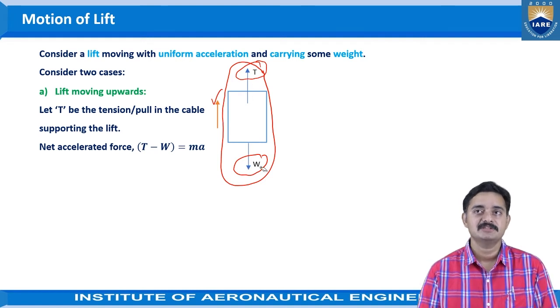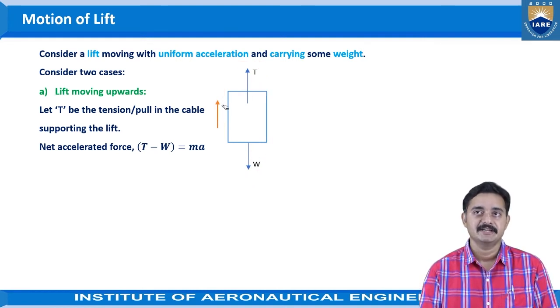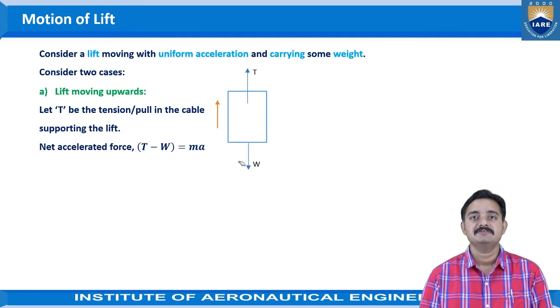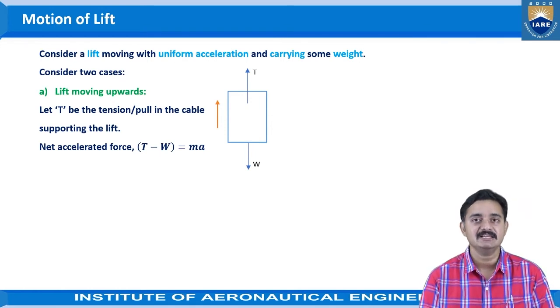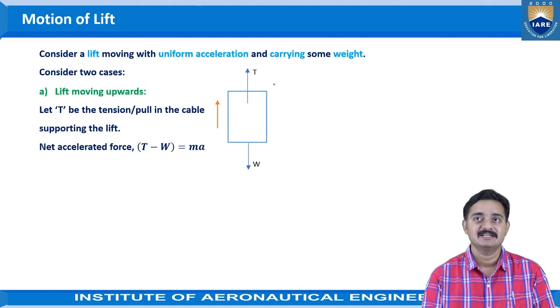Then only will the object move in the upward direction, right? So in this case, the tension T acting in the wire will be higher than the weight. So the net accelerating force would be T minus W.